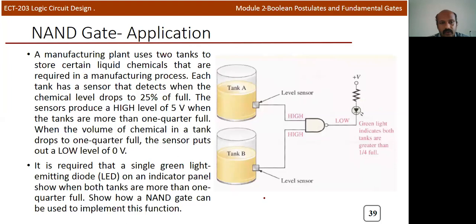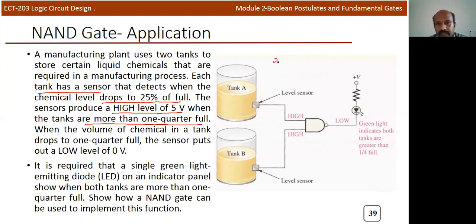And we'll now discuss one application of the NAND gate. We can consider the chemical manufacturing industry. Here we can see there is a tank, and the tank contains a sensor that detects when the chemical drops to 25% of full. The sensor produces a high level of 5 volts when the tank is more than 1/4 full.